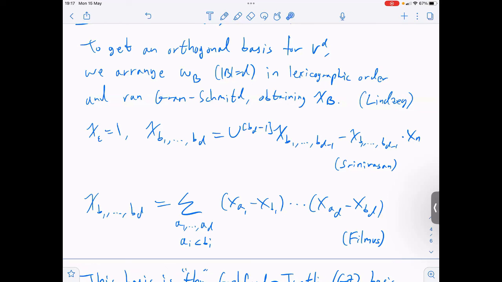Nathan and I tried for a while and we couldn't do it, but now we seem to be more optimistic about this. So maybe in the future we will do it. In the case of the symmetric group, in principle, this is solved by the Young orthogonal basis, which is also another way of obtaining this basis, but what the actual formula looks like is not so clear.